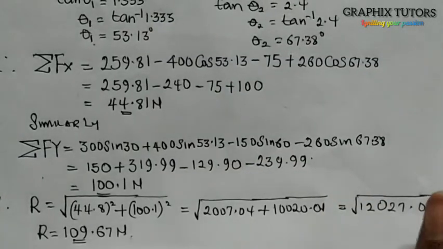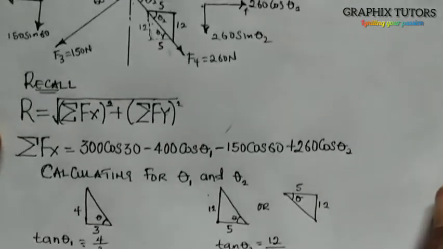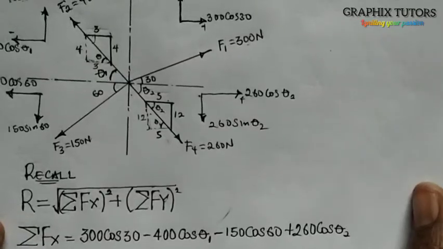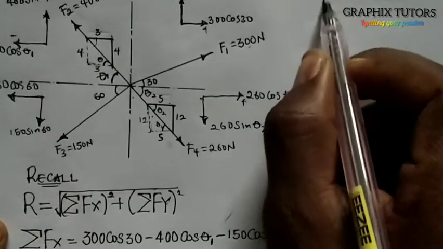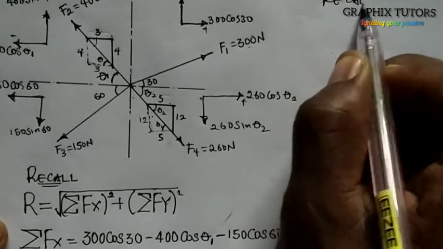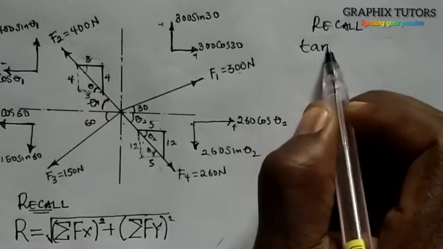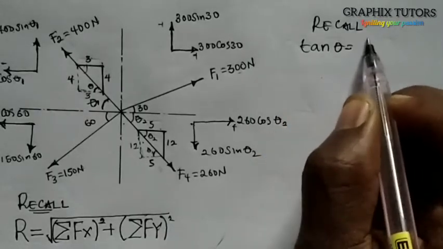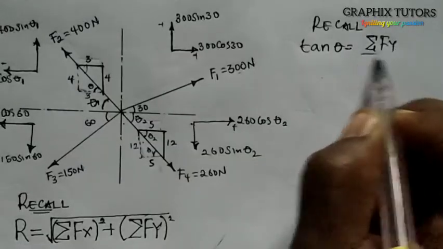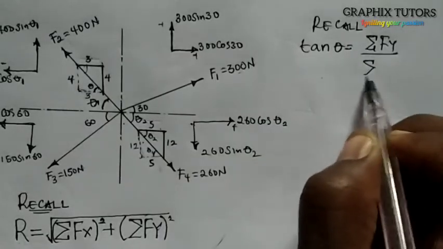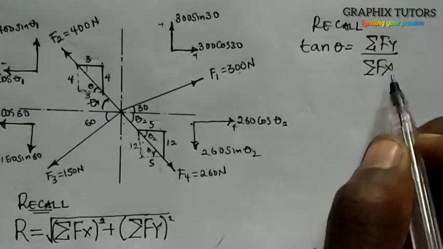Now we're asking for the direction. To get the direction, recall tan theta is equal to the summation of Fy over the summation of Fx, right?